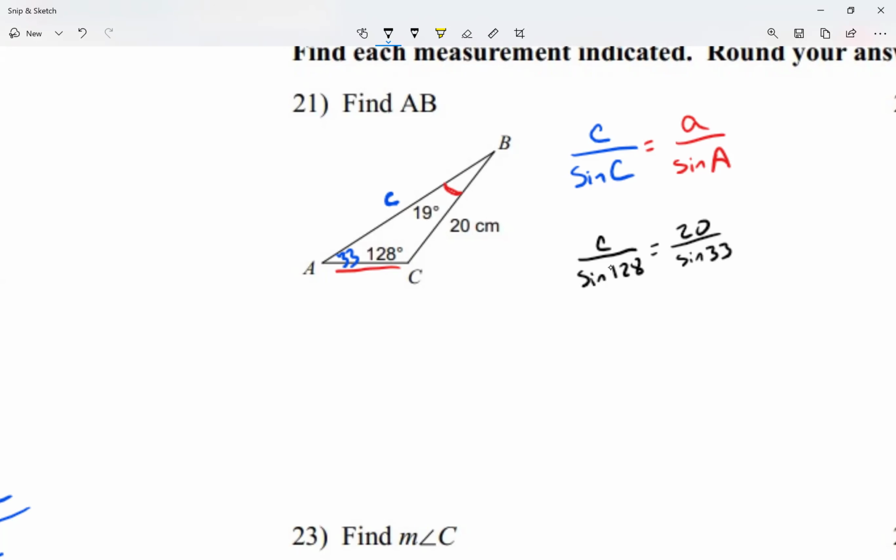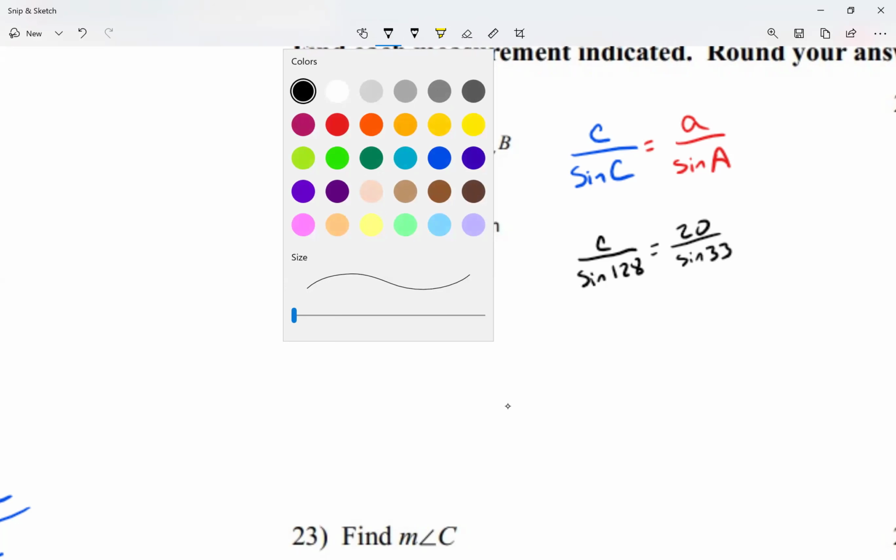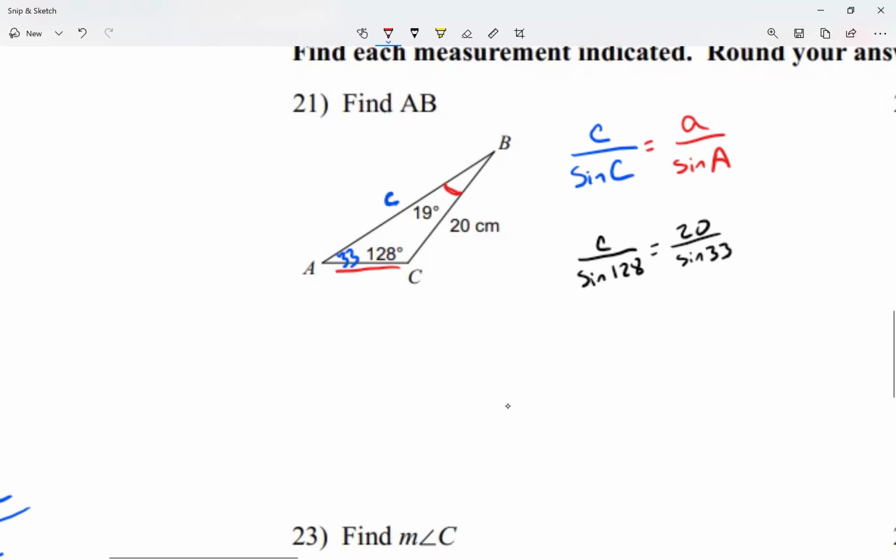So let me get rid of the fraction here on the left. I want C by itself. So I'm just going to multiply both sides. Let me use red. Let me multiply both sides by sine of 128.